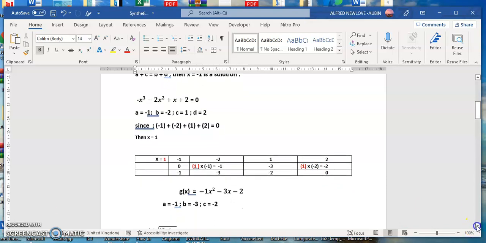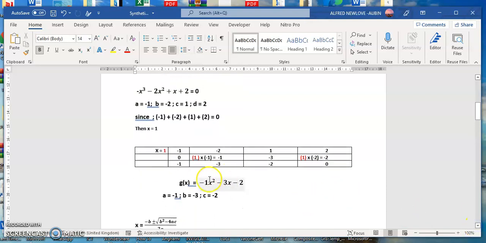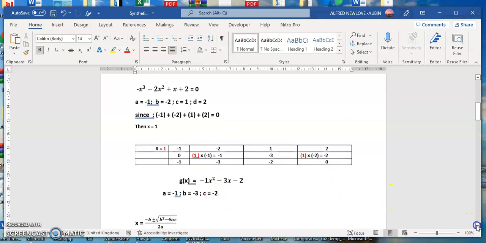So we are going to get a quadratic equation: minus 1 x squared minus 3x minus 2. In our quadratic equation we have a equal to minus 1, b equal to minus 3, and c equal to minus 2.